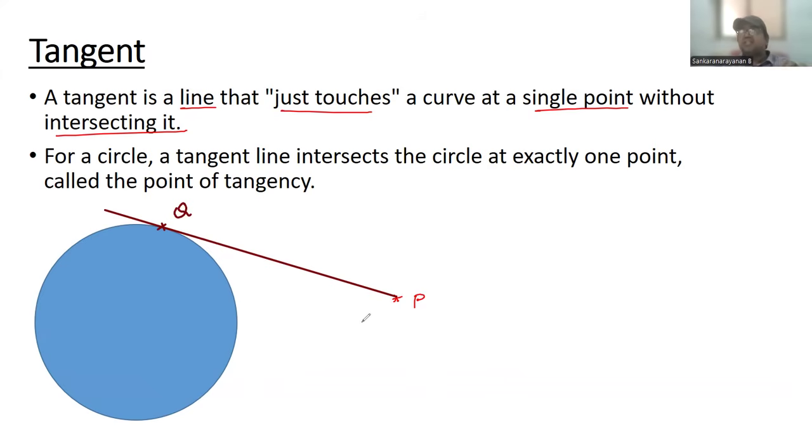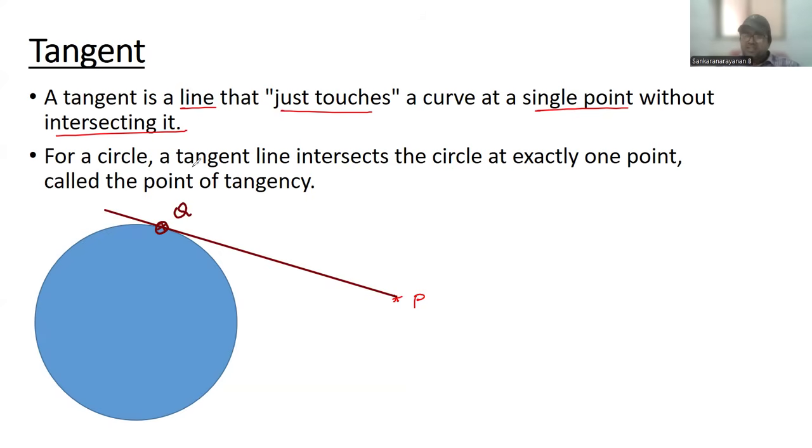Okay. So a tangent is a line that just touches the curve at a single point. That single point I call the point of tangency. The single point I am showing you here is the point Q. That line just touches the curve at a single point without intersecting it.